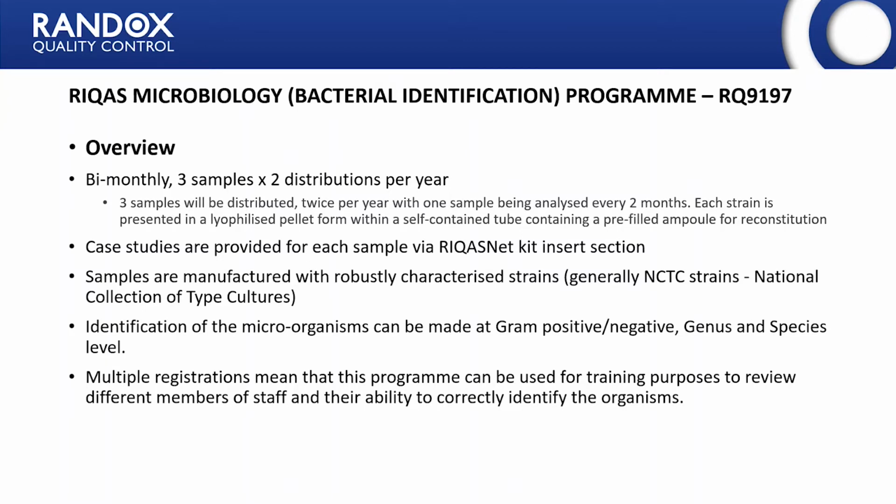So you can register multiple times: once for the traditional route, looking under a microscope, for example, or otherwise using a more automated system. So you do have multiple methods.